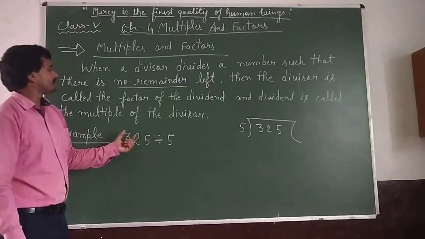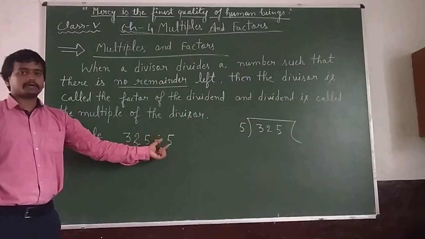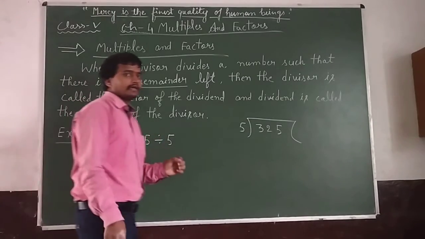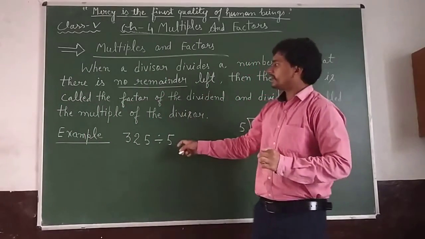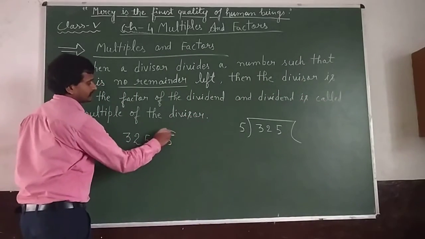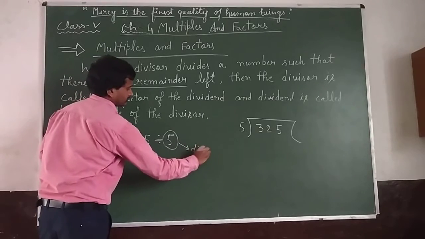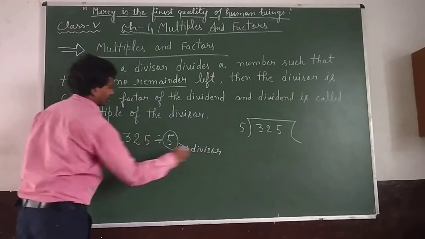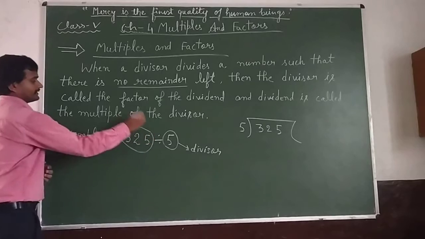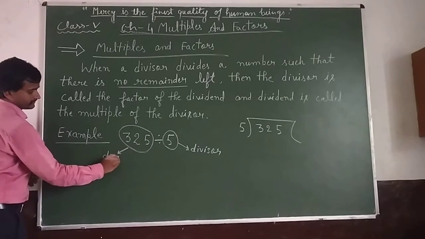For example, when 325 is divided by 5, here the divisor is 5 and the dividend is 325. It is the divisor and it is the dividend.